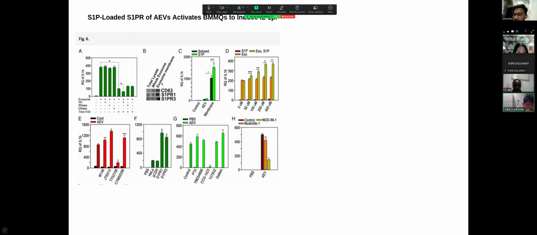And when the exosomes were pre-incubated with sphingosine 1 phosphate, they showed greater induction of inflammation compared to just exosomes or just sphingosine 1 phosphate. So what does it mean? It means that sphingosine 1 phosphate is responsible for the activation of inflammation in macrophages.